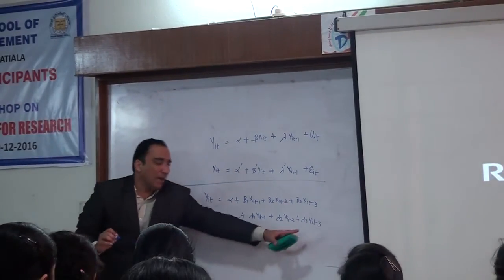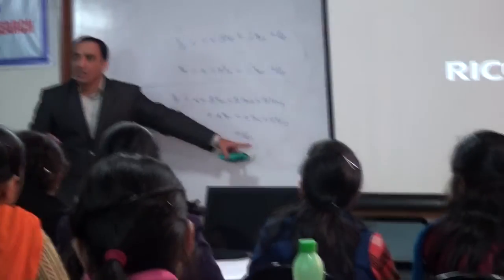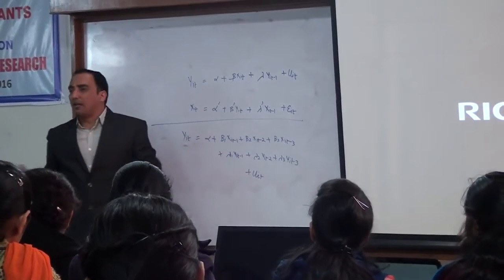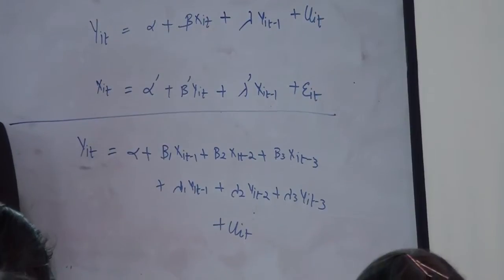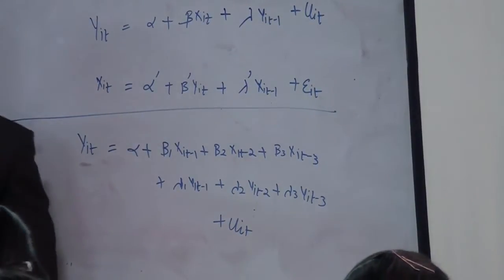But what happens if many terms come? This equation will become unmanageable to understand. Hence I convert it to a vector.